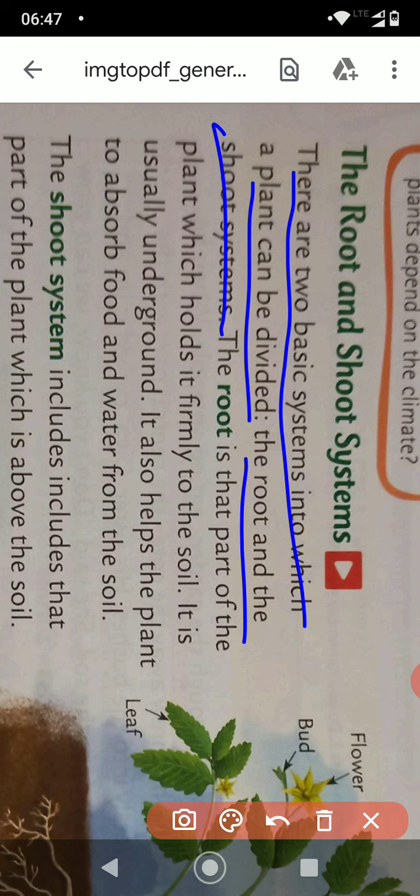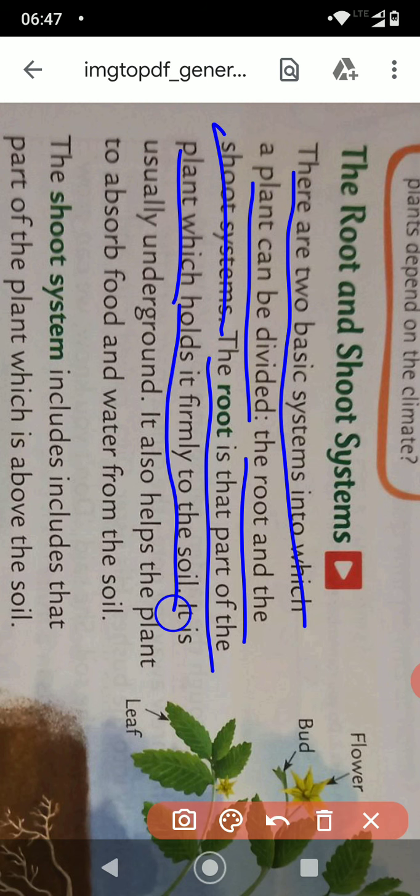Now we'll study about the roots. Now please underline. The root is that part of the plant which, this is very important, which holds it firmly to the soil. So because of the roots only, the plants can stand firmly erect.